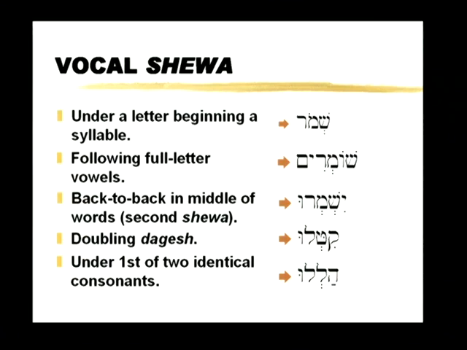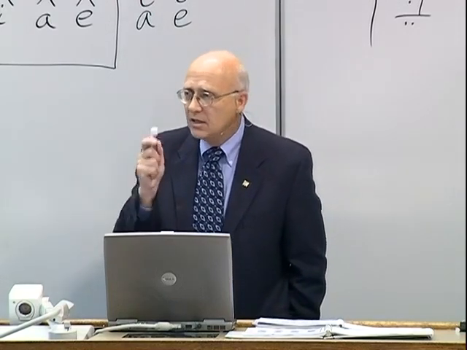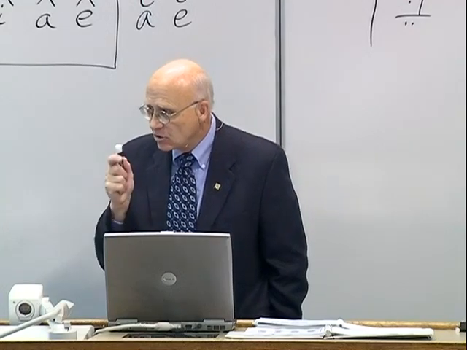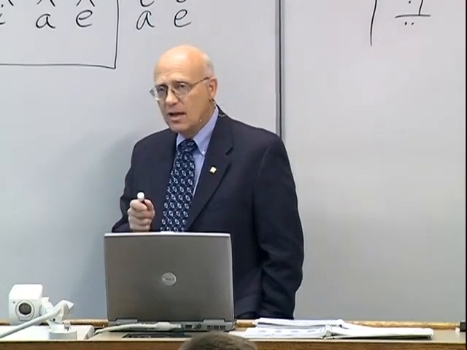You don't say hal-lelujah, you say halelujah, halelujah, all right? And you're pronouncing the Hebrew correctly when you do that, all right? It's a vocal schwa. Why? Because there are two lameds back to back, and so the schwa under the first of those identical consonants is vocal.